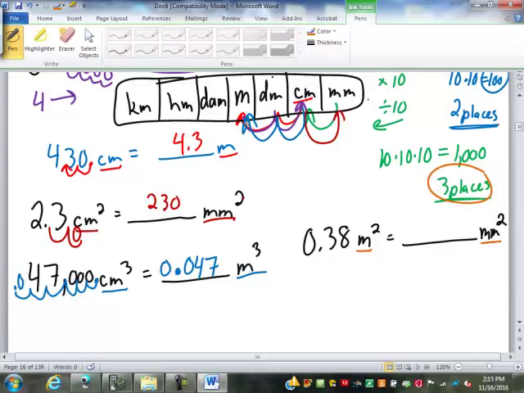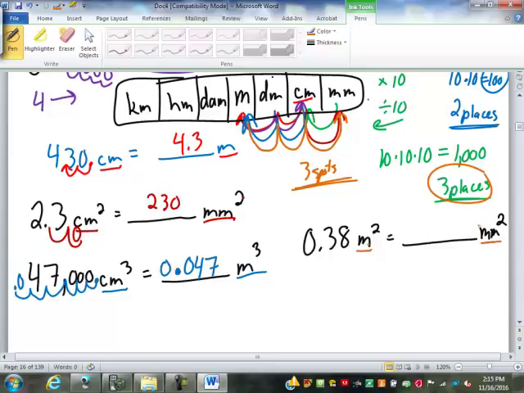From meters to millimeters is 3 spots to the right on the chart. So you know it's 3 places on the chart, 3 spots. To get our number of decimal point places, it's either the same, it's doubled, or it's tripled.